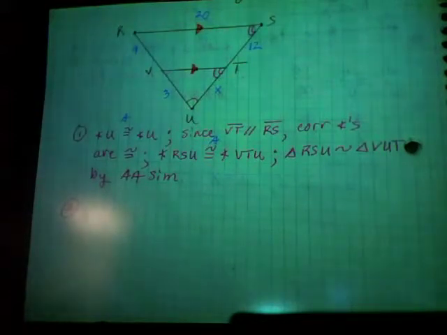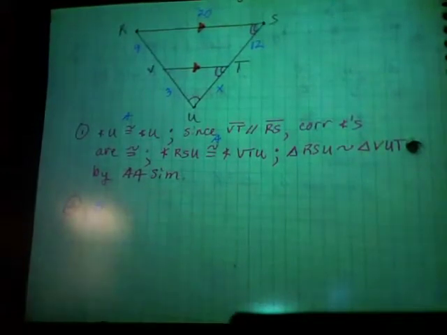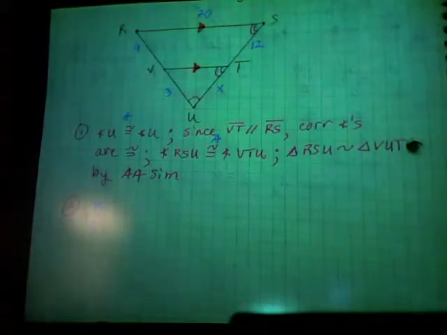So you need to set up proportions of corresponding sides. Again, I'm going to choose to go biggest to small. You could go smallest to big, that's fine, but I'm going to choose biggest to small. Yes, up top, the triangle similarity statement.